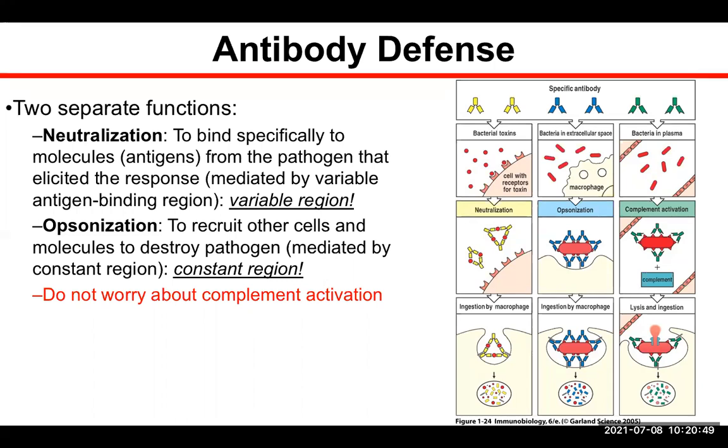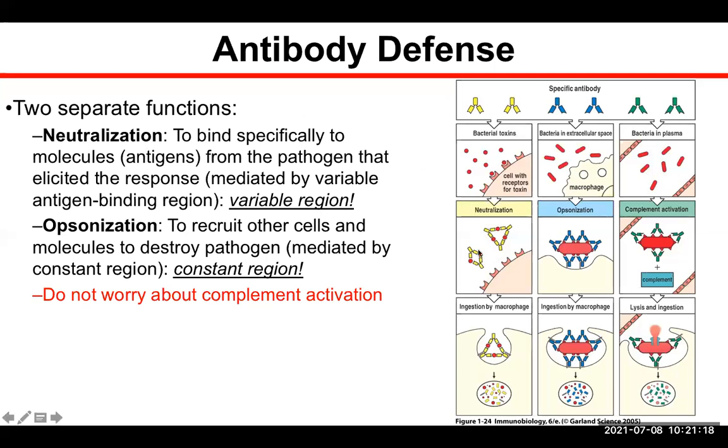If a virus is surrounded by antibody, then it's going to be neutralized, because all of that antibody surrounding that viral particle is going to inhibit the virus from being able to bind to those receptors and facilitate entry. So that's what neutralization means. It just means it prevents the pathogen of interest from causing harm to your cell.